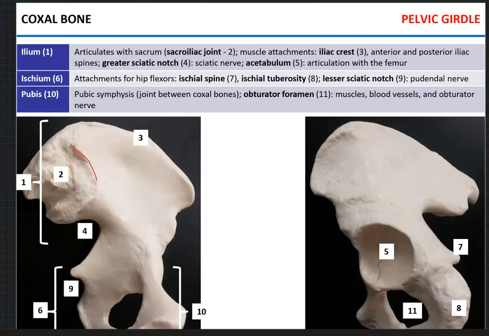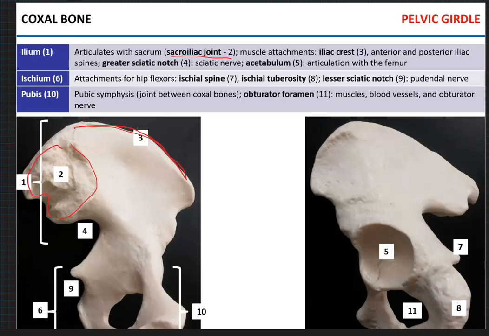So first of all, this flat surface here is the sacroiliac joint. The iliac crest provides the site of attachment for the muscles that flex your trunk, in other words, your abdominal muscles, such as obliques.